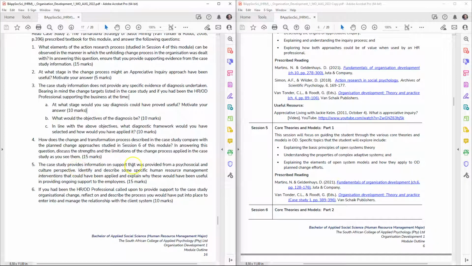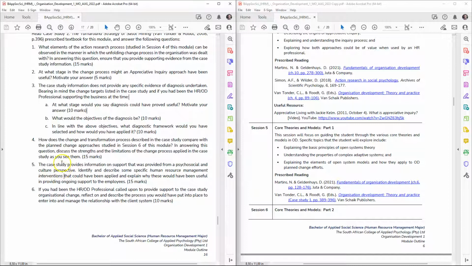So identify and describe, question 5, some specific human resource management interventions. See what you can find that are credible out there, if you can't find it in a textbook. I think the emphasis here is on specific human resource management interventions, so that might possibly disqualify culture as one.